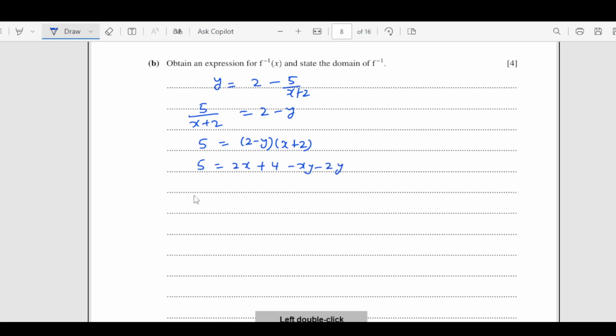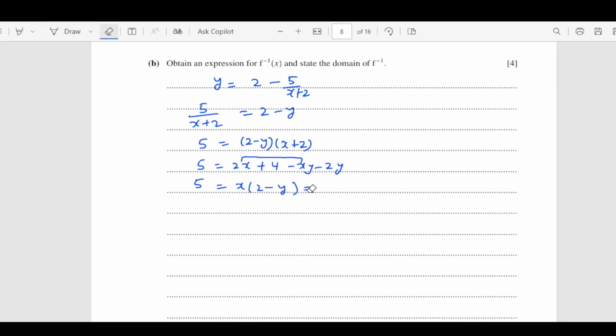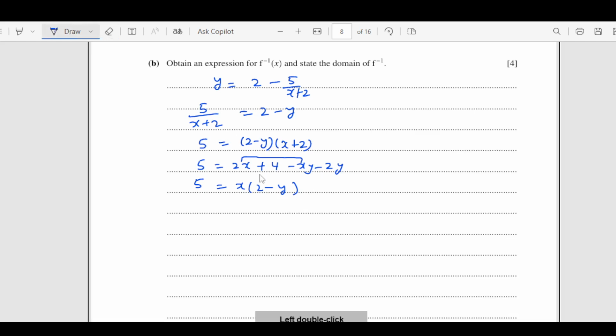Now let me just rewrite everything. We are looking for the value of x. If I combine these x values here, this will become x(2 - y), and then plus 4 minus 2y.